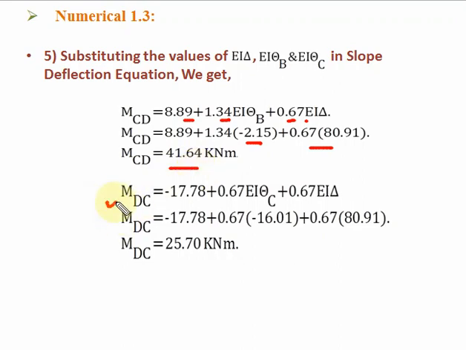Then the equation of MDC is equal to minus 17.78 plus 0.67 EI theta C plus 0.67 EI delta. Putting the values of EI theta C and EI delta, finally we have end moment MDC 25.70 kilonewton meter. So we know each end moment. Now draw the bending moment diagram.